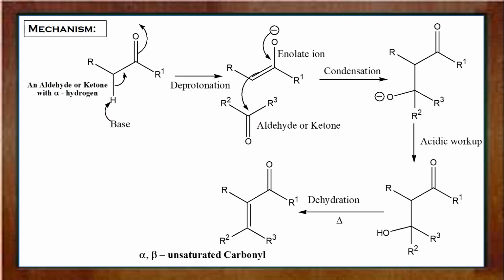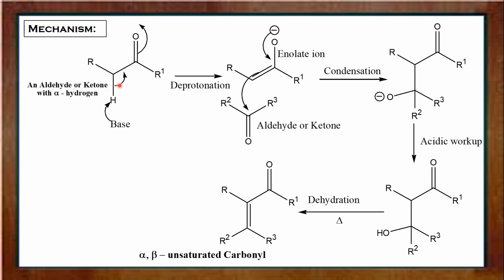The mechanism of the reaction is this: one aldehyde or ketone is treated with a base. The base removes the most acidic hydrogen of the carbonyl compound, the alpha hydrogen. The base abstracts the alpha hydrogen, resulting in the formation of a carbanion here, that is enolizable.